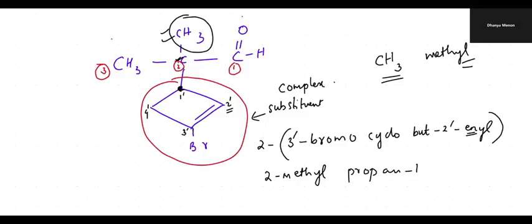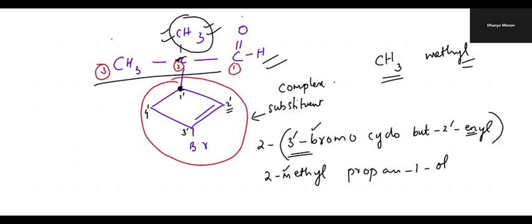I chose to write the name of the complex substituent first because bromo and methyl, the alphabetical order favors bromo first. So that's why I wrote this first. And then at the second position, I have another substituent, which is methyl, and then propane 1-al, because the root word is propane. And at the first position, I have the functional group.